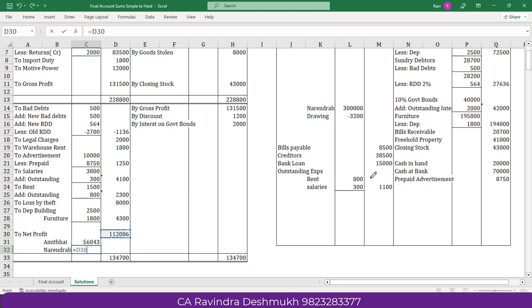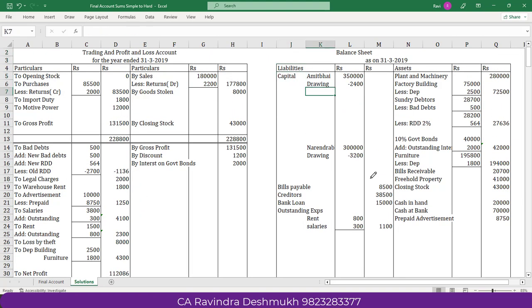So dividing this particular net profit by 2 gives an equal amount. The distribution will be taken in their capital accounts as net profit.